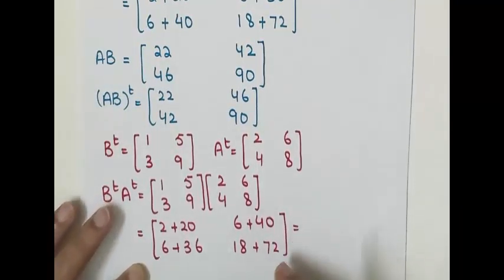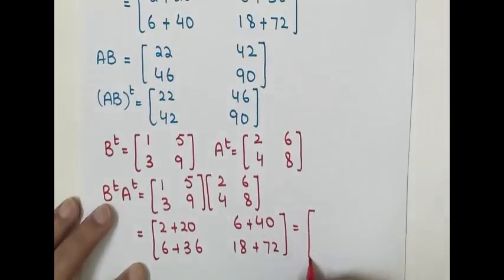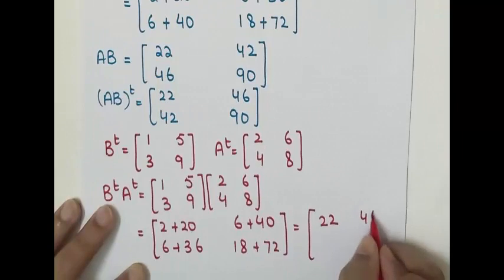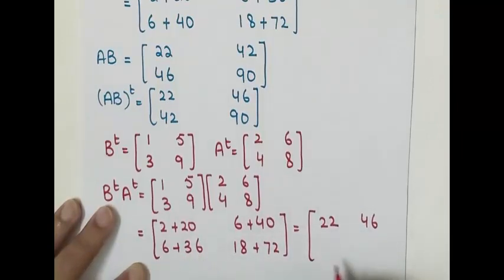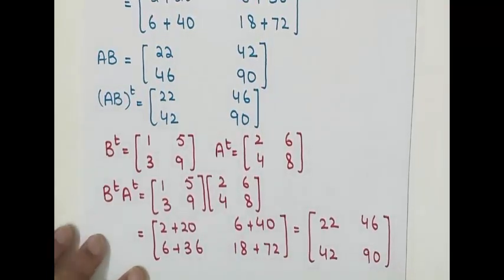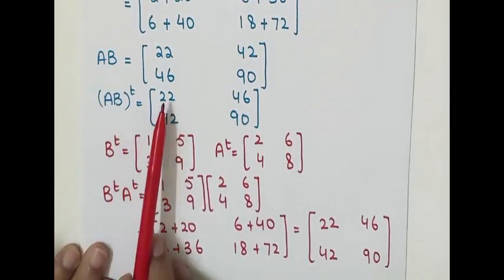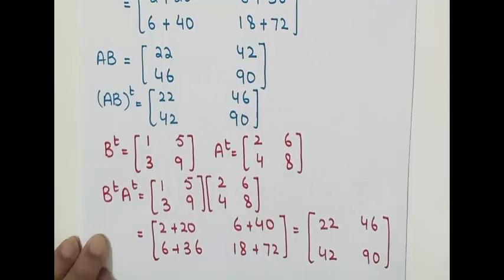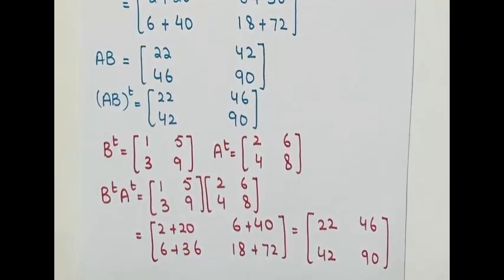So this is equal to 22, 6 plus 40 is 46, 36 plus 6 is 42, and 18 plus 72 is 90. So this matrix is 22, 46, 42 and 90. So it means AB whole transpose is equal to B transpose A transpose.